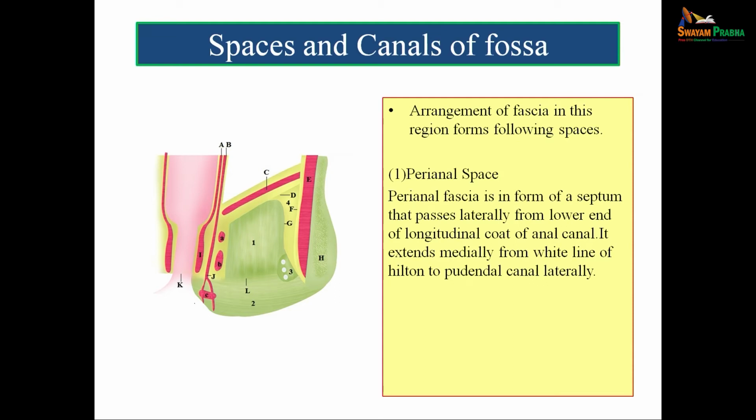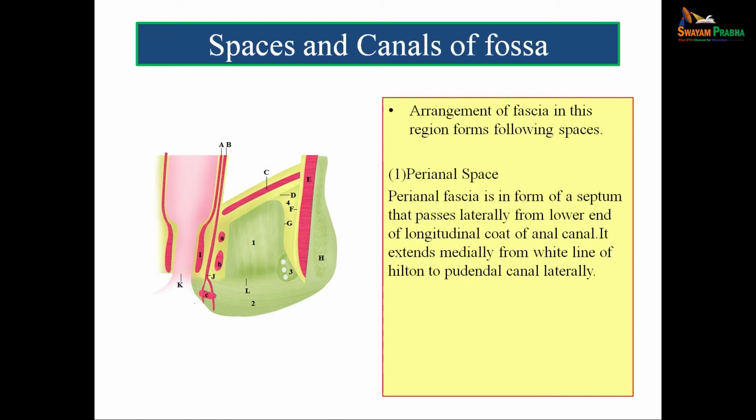What I want to talk about in this coronal section pertaining to the ischioanal fossa are the fascial relations and how 1 is separated from 2 in the figure. 1 is the ischioanal fossa while 2 is the perianal space. And what is the difference between infections of the ischioanal space and the perianal space? That is what I want to concentrate on.